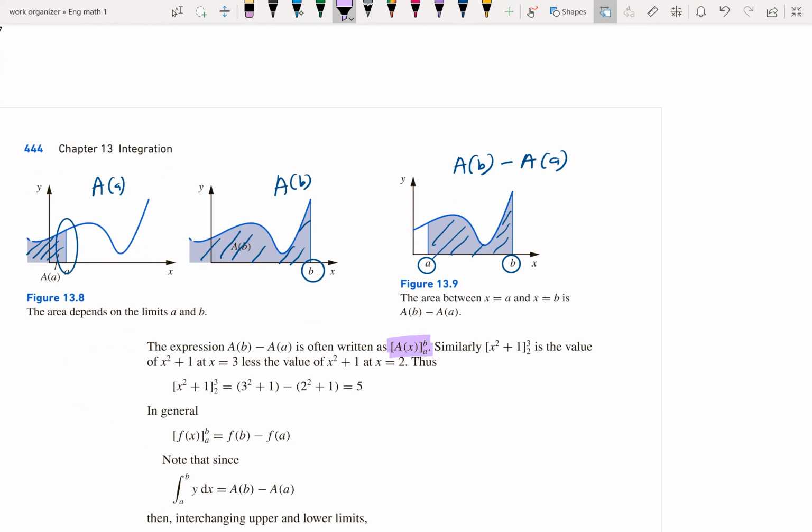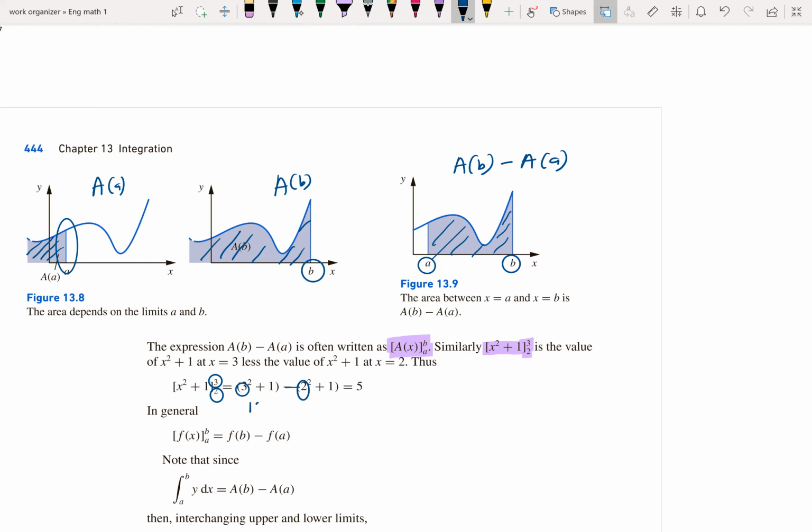Let's consider this one, 3 and 2. We just write down again. We plug in the 3 first into the x, and then minus, we replace x with 2 here.